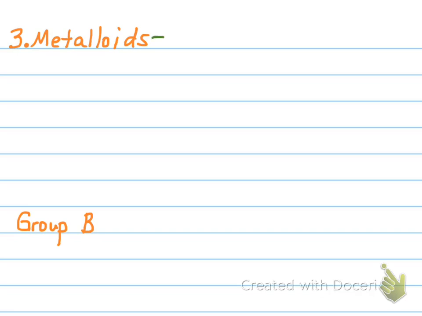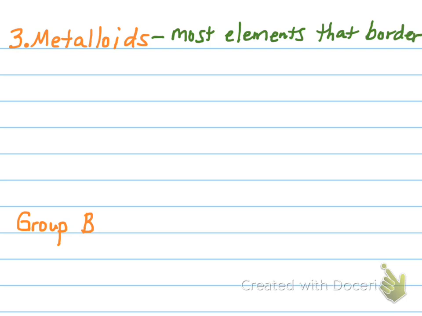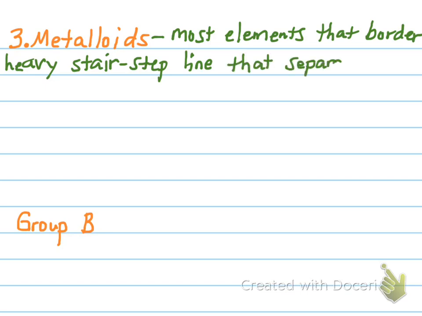And the metalloids are most of the elements that border that heavy stair-step line that separates the metals from the nonmetals. Generally, they are the metalloids.